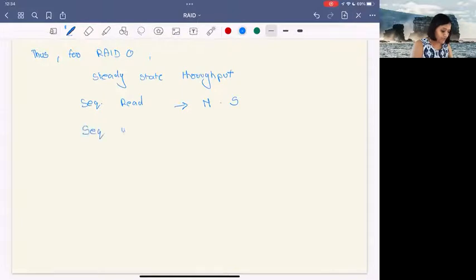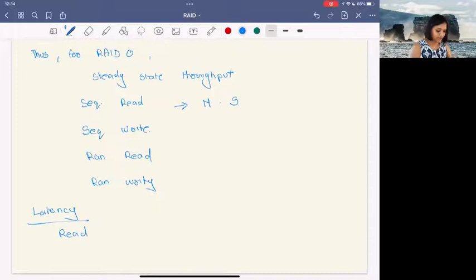Now, what about sequential writes? I would give you a minute to think about sequential write, random read, random write, and also in terms of latency. If we are measuring in terms of this parameter t seconds, then how much time would a read take, if the time it takes to perform an IO of d amount of data, d amount of read on a single disk is t?